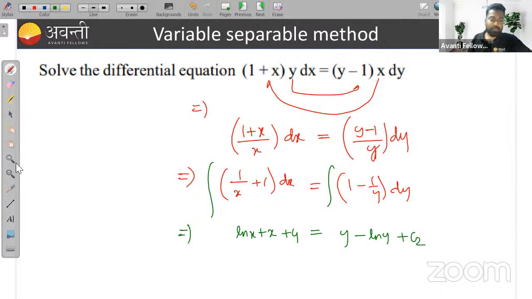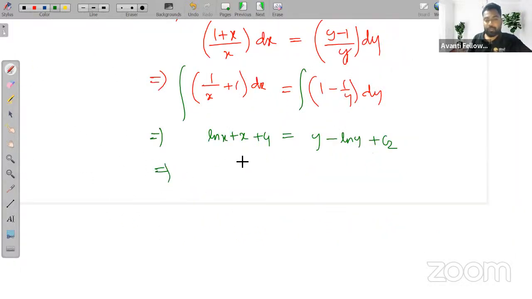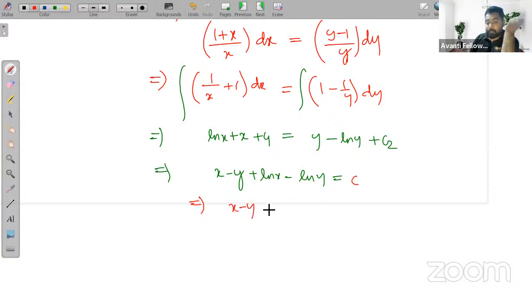So see what is happening here. If I take this to this side and c1 to the right side, we get x minus y plus ln x minus ln y is equal to c2 minus c1, or in place of c2 minus c1, we can write only one c, because it is a constant. So the solution becomes x minus y, and we know ln of x minus ln of y we can write as ln of x upon y, is equal to c.